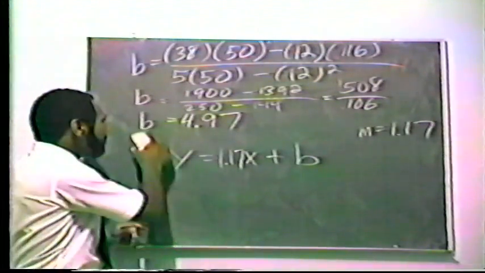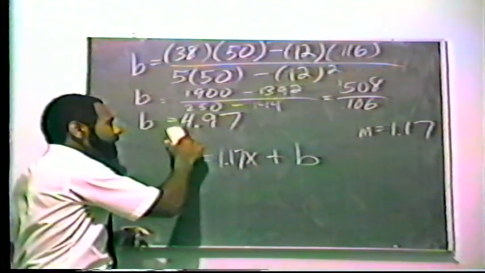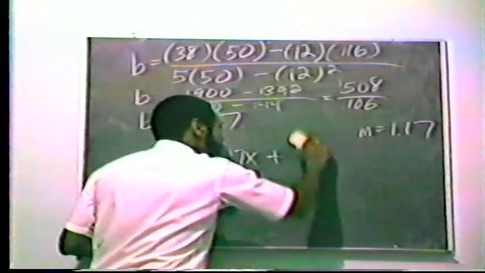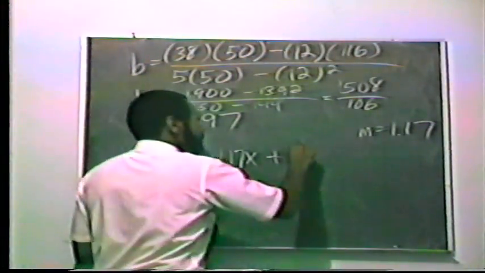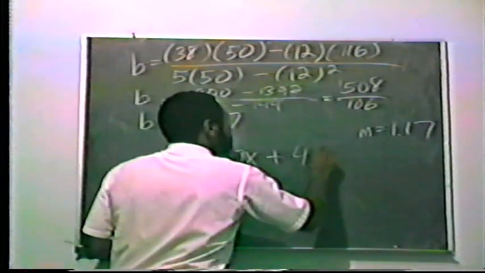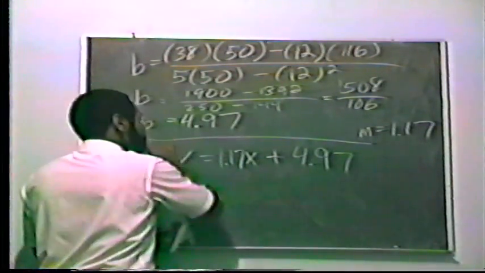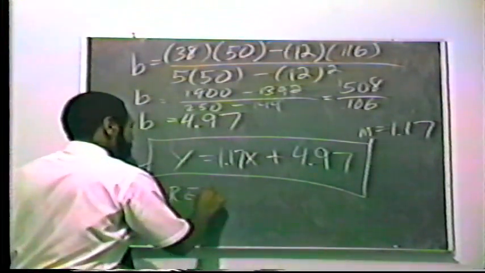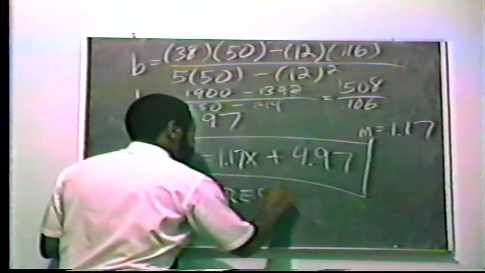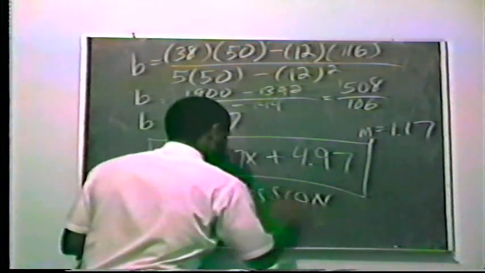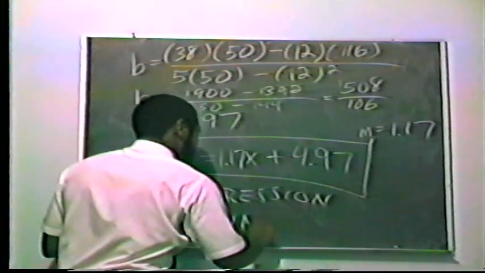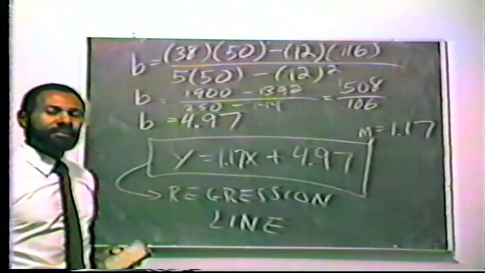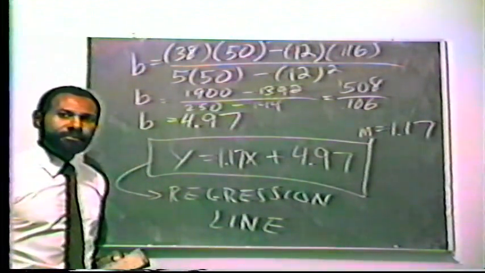We know that b, the y-intercept, is 4.97. So we erase the b, and we put in its place 4.97. This is the regression line. This is the equation of the regression line, the line of best fit.